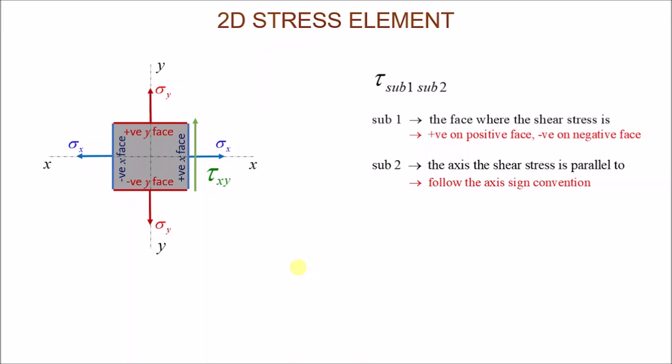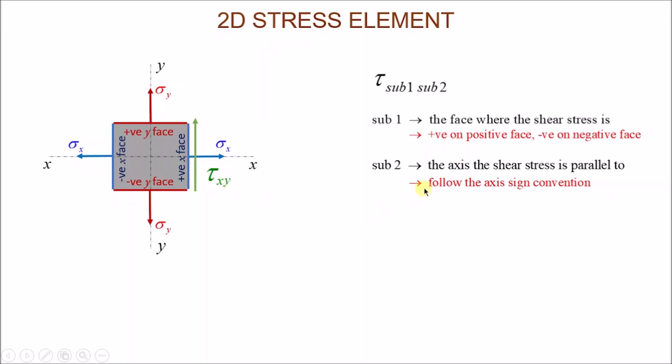But it's not over yet. Now we need to establish the sign of that particular shear stress. As I said, for the first subscript, the sign is positive if it is on a positive face and negative if it is on a negative face. In this case, the shear stress is on a positive X face. So for subscript X, the sign is positive, okay? Now let us look at subscript Y, which is the second subscript.